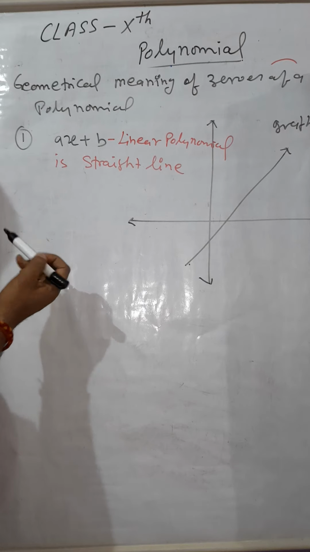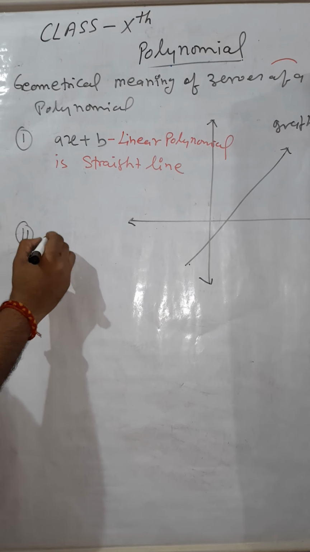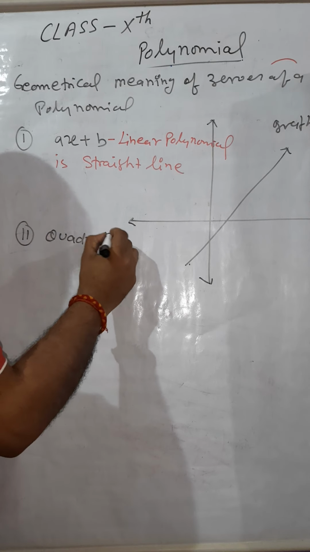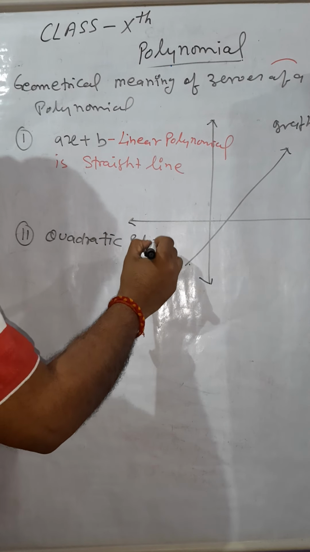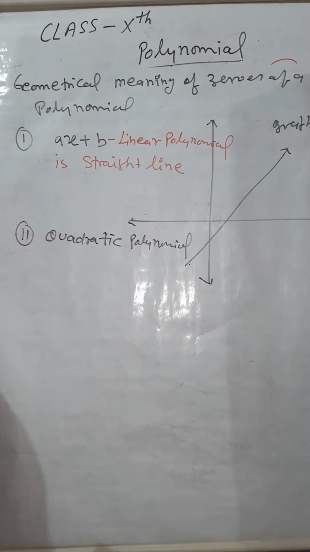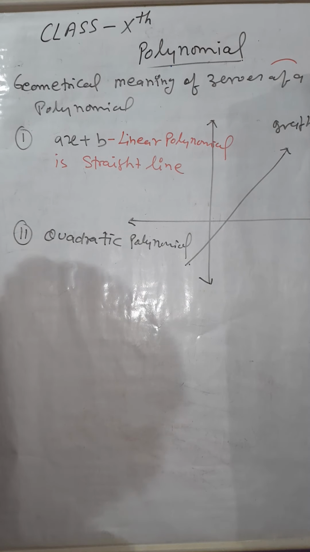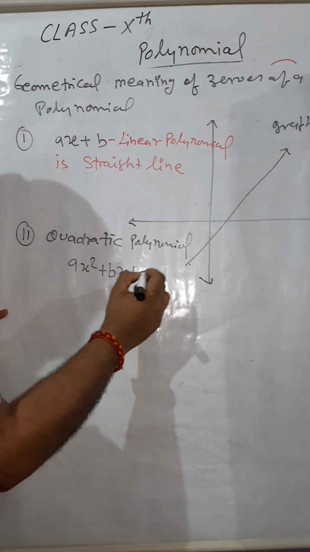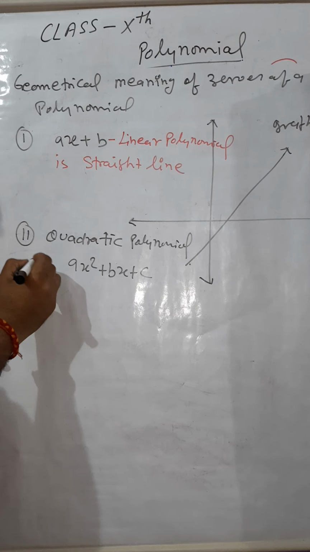While the graph for a quadratic polynomial, this is ax square plus bx plus c.